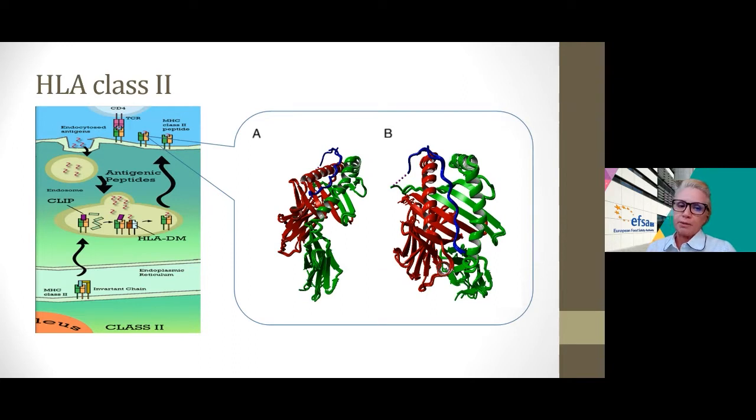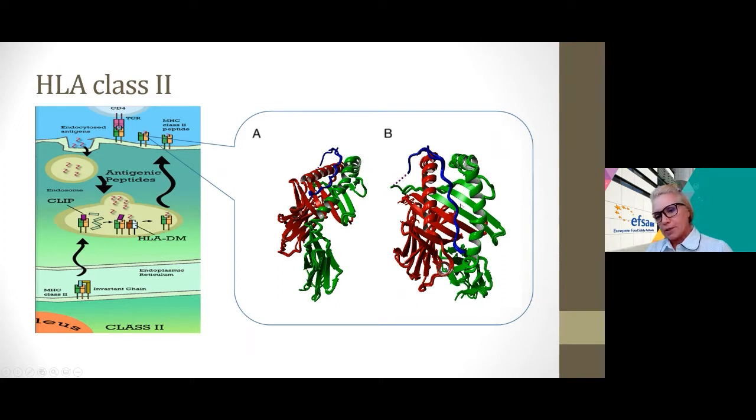Different peptides bind to different HLAs, and the complex is presented on the cell surface, where it's recognized by CD4 plus T cells. The HLA class 2 proteins consist of two subunits, alpha and beta chains.